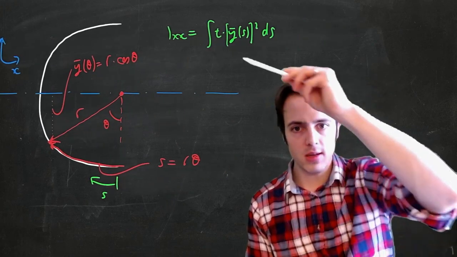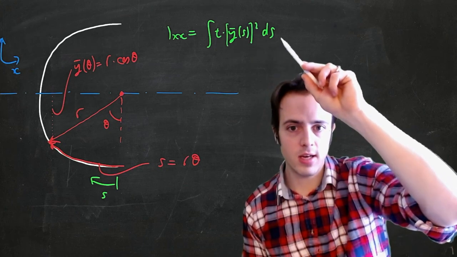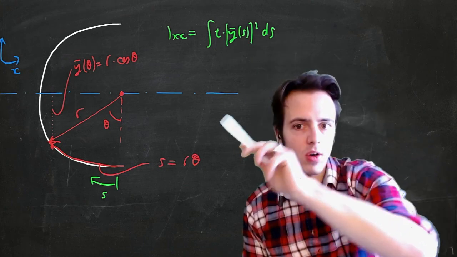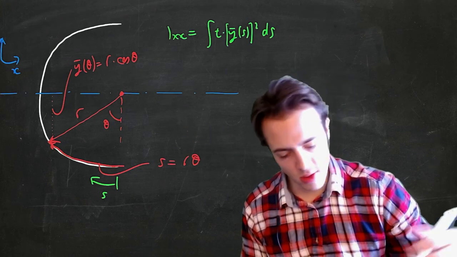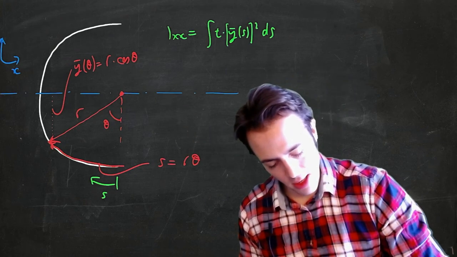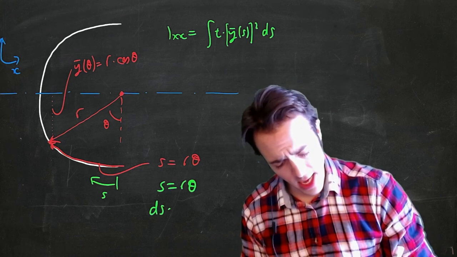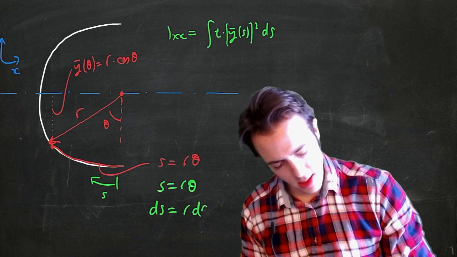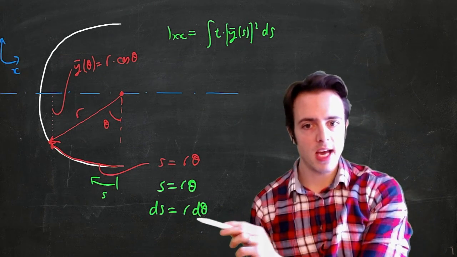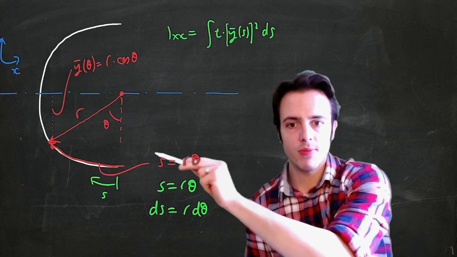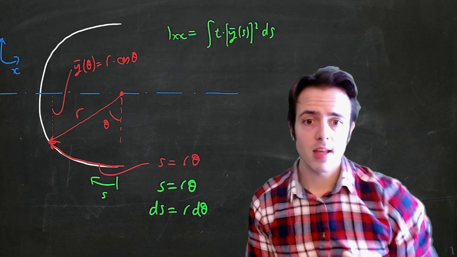So I can get t, which is constant. I've got my y as a function of s squared. This is ds, and I've got r as a function of theta, so I need to do an integration change of variable. Again, a bit of elementary calculus. We've got s is equal to r theta, ds is equal to r d theta. So we can just replace the ds with an r d theta, and change the limit from 0 to pi here, and that's going to give me the integral.